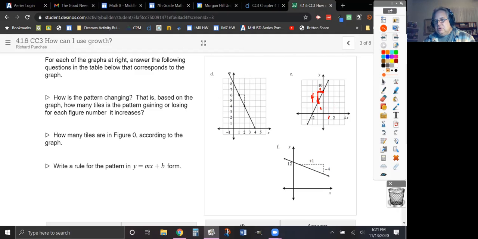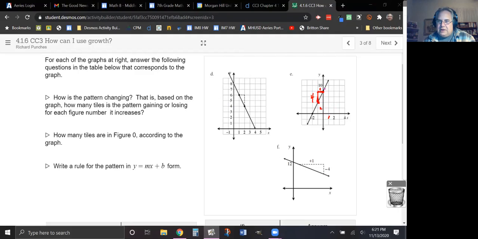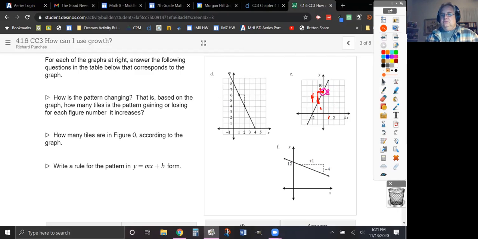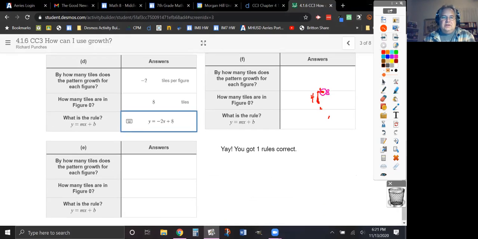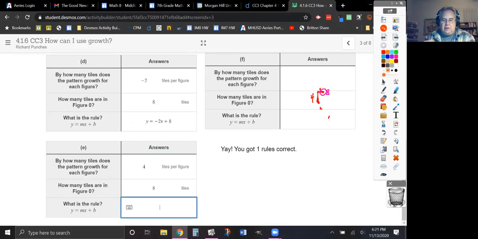And because it's growing by 2, 1, 2, 3, 4 boxes is actually 2, 4, 6, 8 for my starting point. So when I go to write my rule, I'm going to have y equals 4x plus 8, because the growth rate is 4 starting at 8. So y equals 4x plus 8. And now we've got 2 correct. Look at that, we're winning.